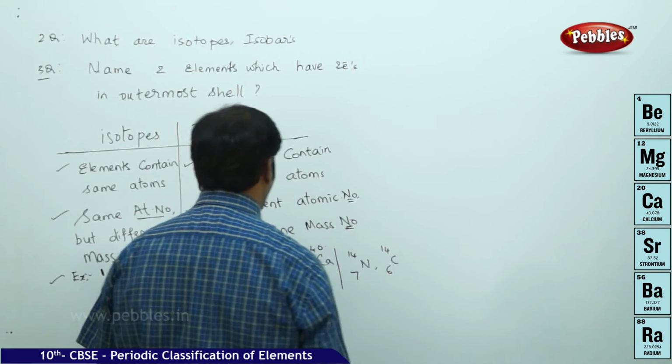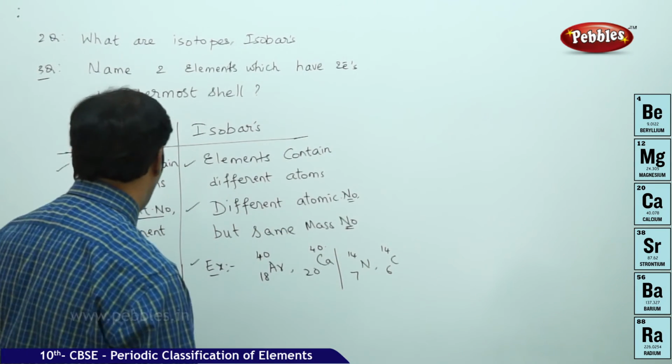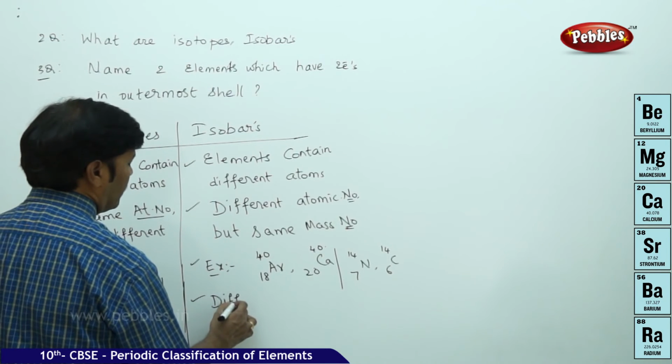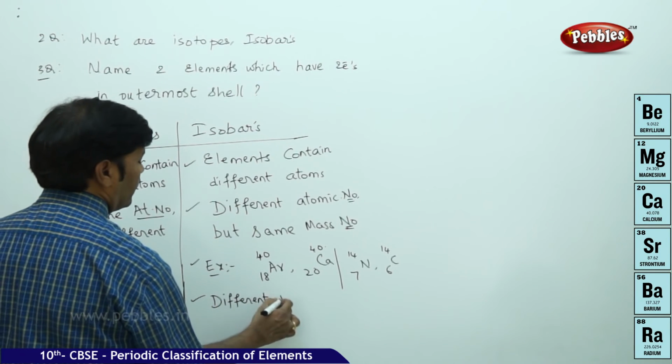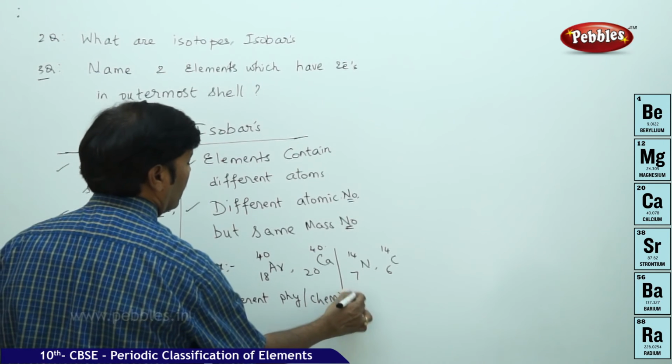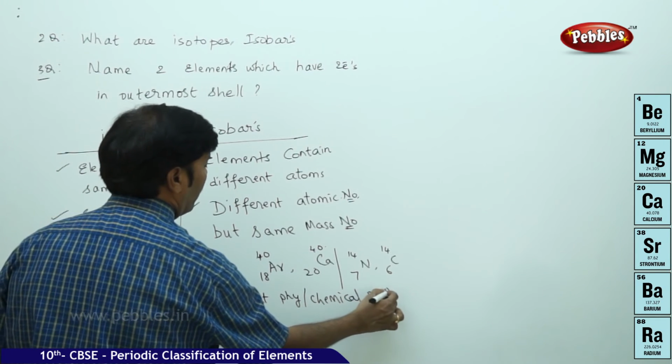You can see that their atomic numbers are different, and hence we can say they have different physical and chemical properties.